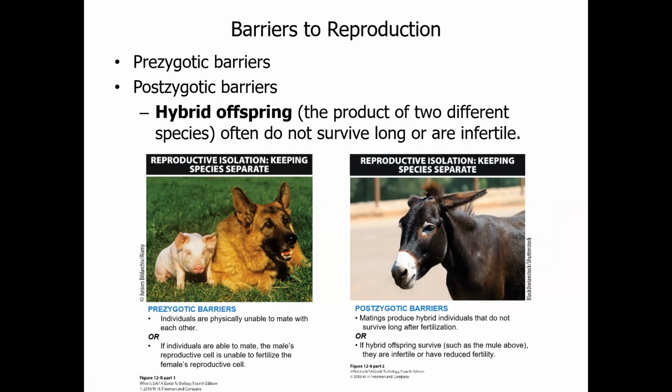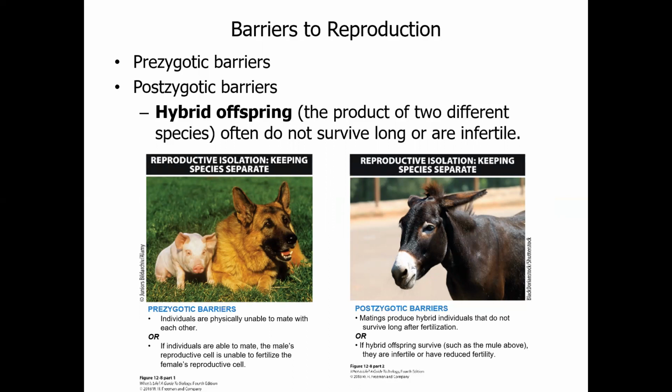So with your prezygotic barriers, these are factors that make mating impossible. So either the sperm can't meet the egg, or there are different anatomical structures that don't allow for mating. There can be obvious physical differences between species that don't allow the act of mating to occur.